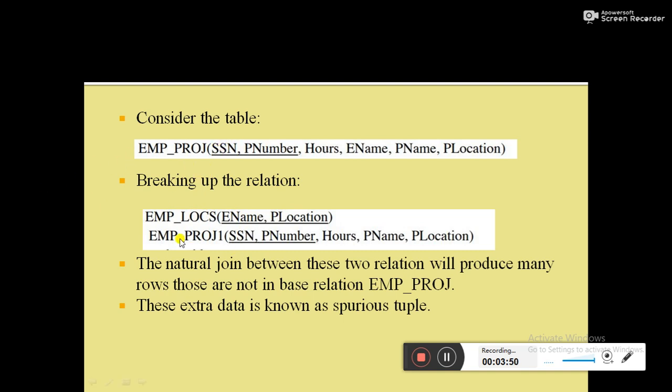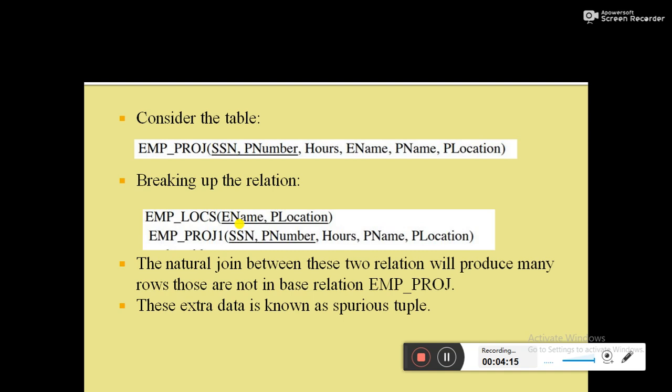And another sub-relation is EMP_PROJ1, which includes SSN and P number combined as the primary key, hours, P name, and P location. If someone breaks the base relation EMP_PROJ that way, then whether this breakup is perfect or not, we have to discuss here.